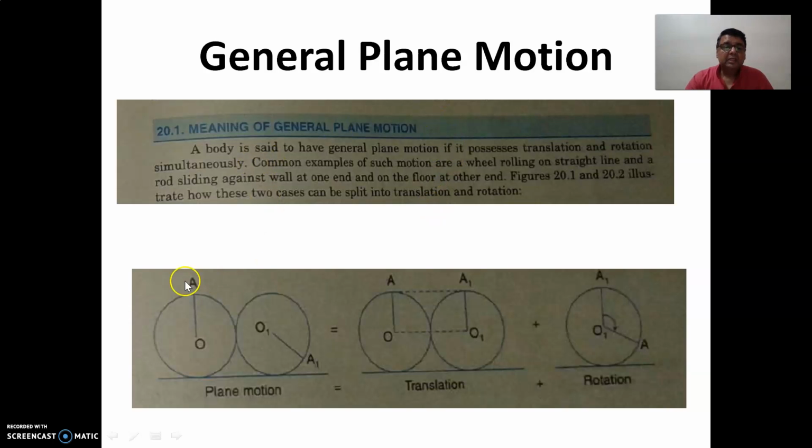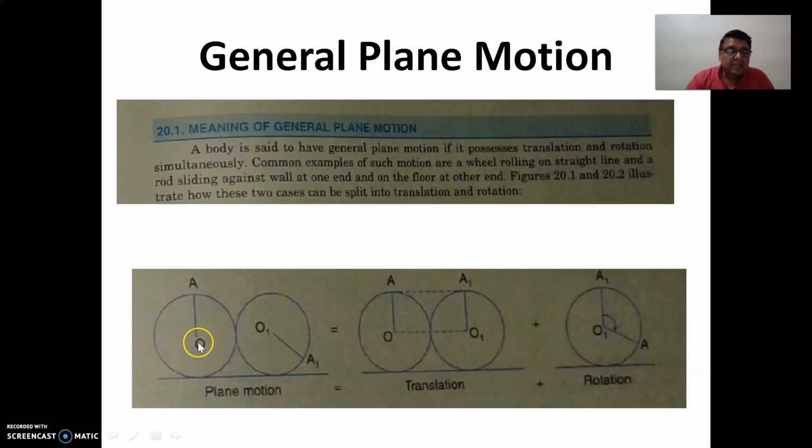General plane motion is sometimes also called plane motion, right? So general plane motion can be divided into two parts. One is the translatory, another one is the rotary.